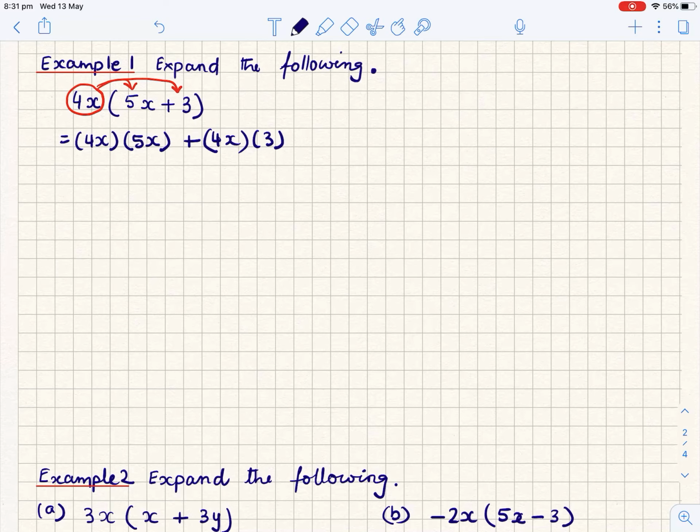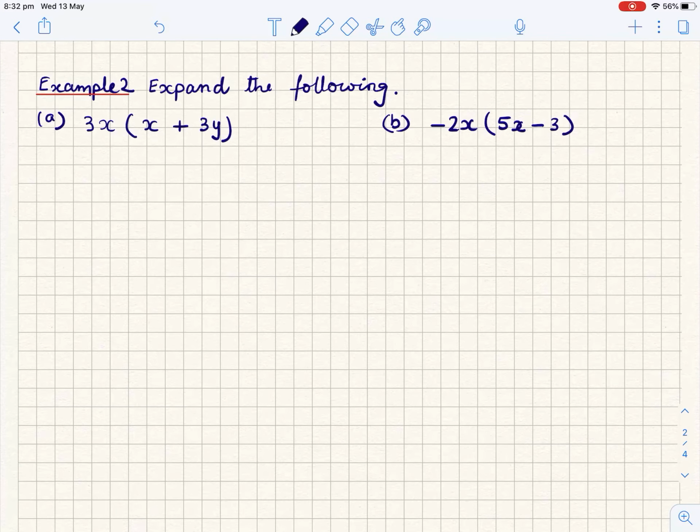Now I am using brackets instead of the times sign, because sometimes we get confused with our own writing. We get confused between times and x, and we make mistakes. So 4x times 5x is 20x squared, plus 4x times 3, 12x. Now both are unlike terms, so that's our final answer for this example.